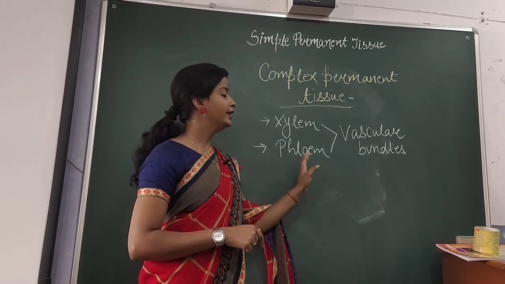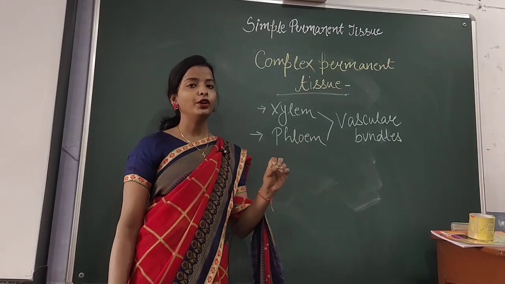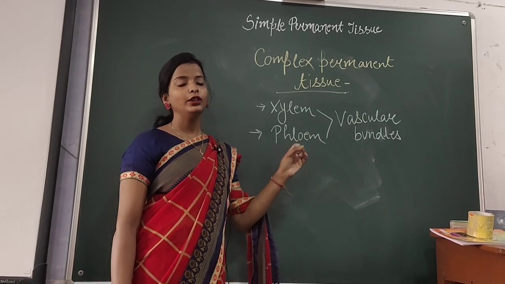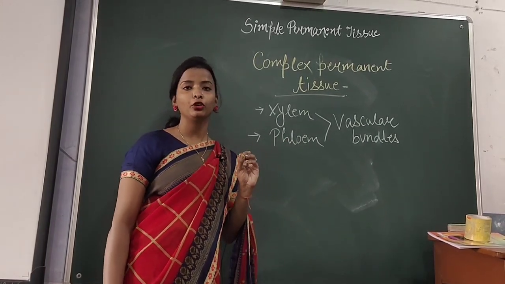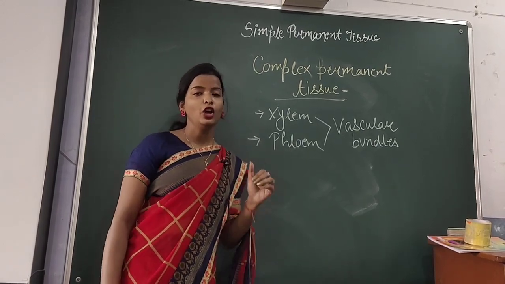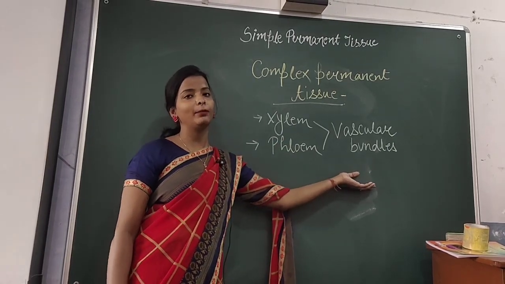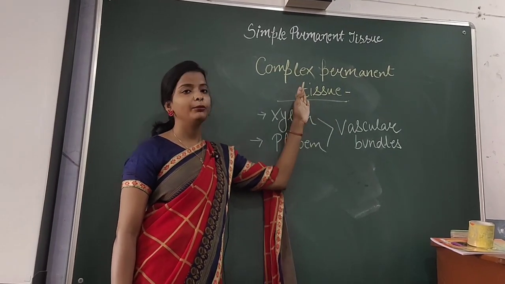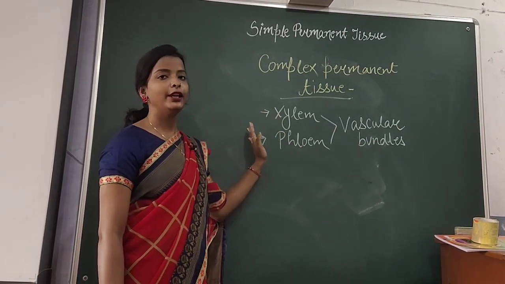So similarly in the plants also, like we water the plant or the food is prepared in the leaf, but how that is transported throughout the plant, or how the water is transported throughout the plant body, so a medium or a channel is required. So that particular channel is nothing else but the vascular bundles that are present in the plant, and they come under complex permanent tissue. So they are of two types. So first we will begin with xylem.